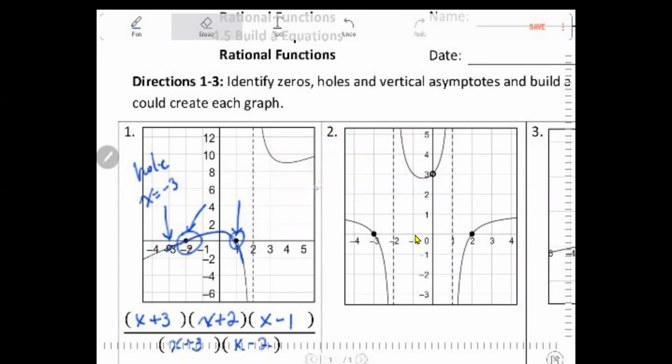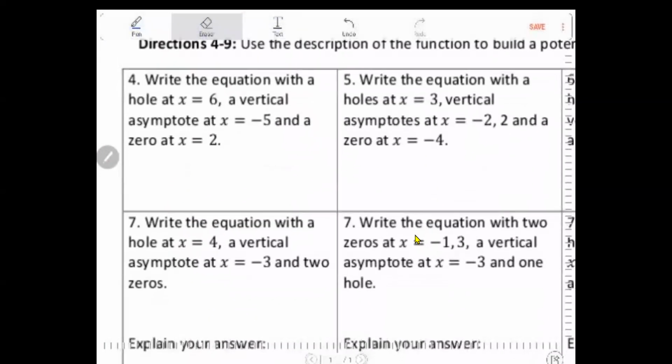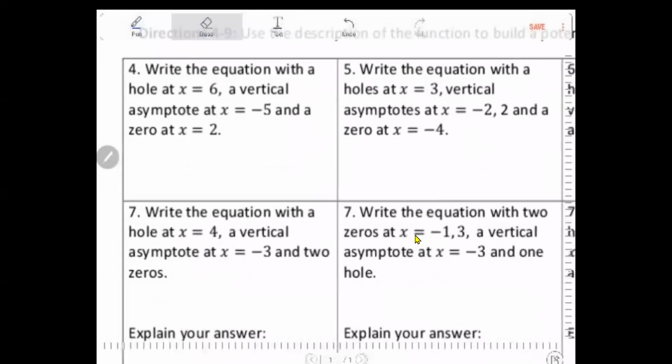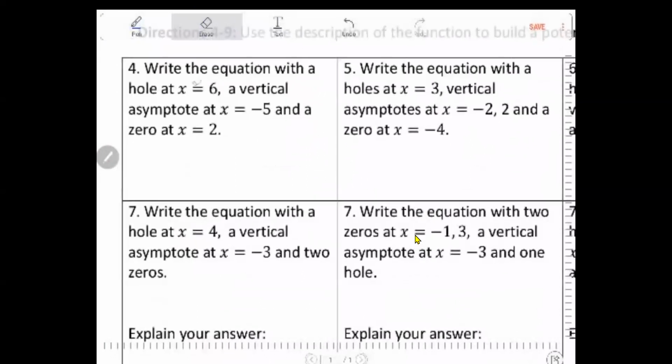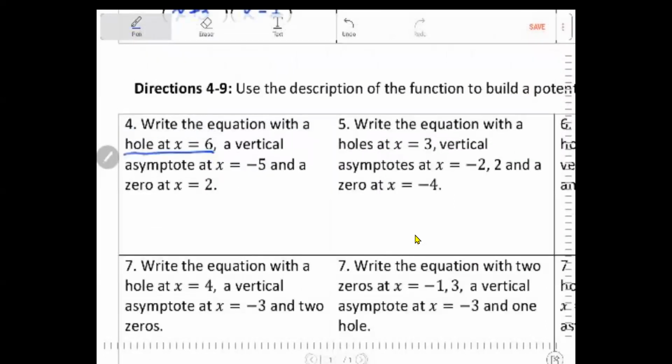Now let's go look at the bottom part of the assignment. Instead of a graph to look at, we have words to look at, but the same thing applies that we looked at for the graphs. This says there is a hole at x equals 6, sorry.